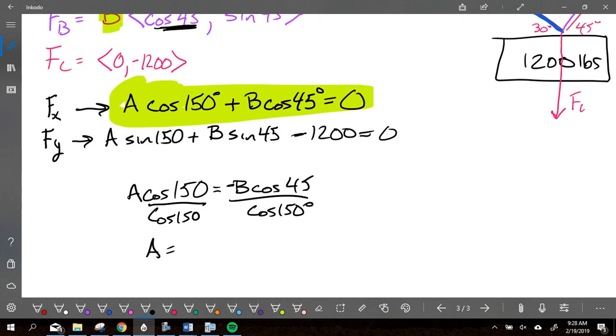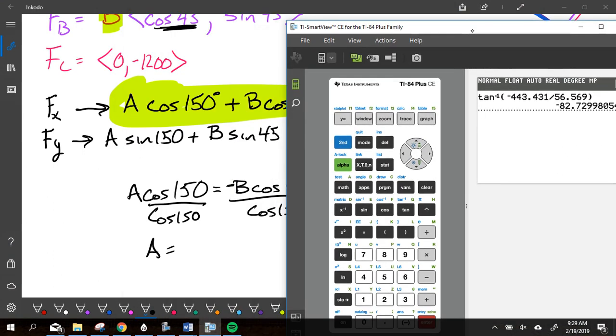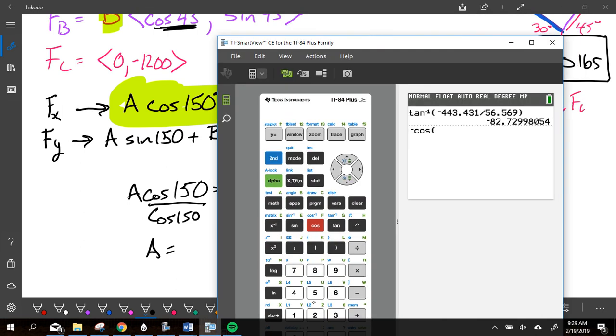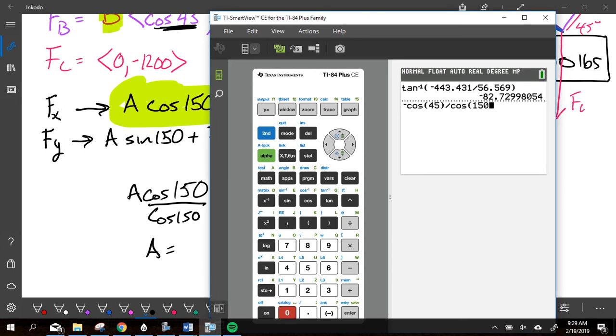In my calculator, A is equal to negative cosine 45 divided by cosine of 150. I type that in, I hit enter, I get 0.816.